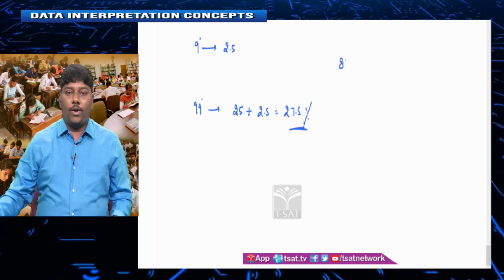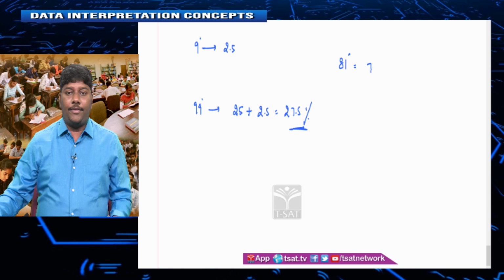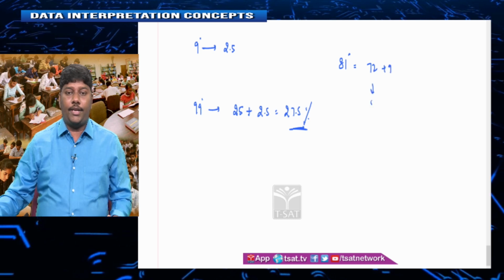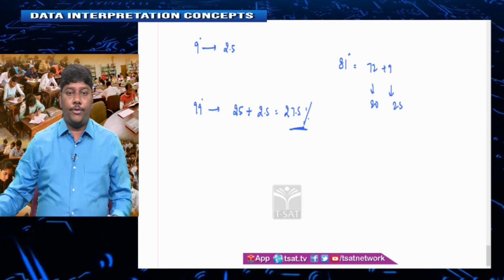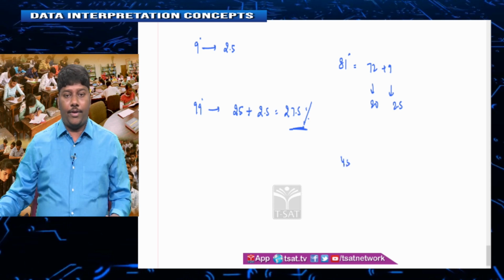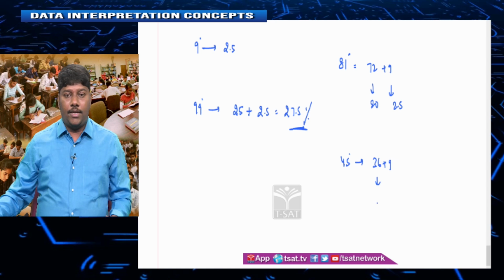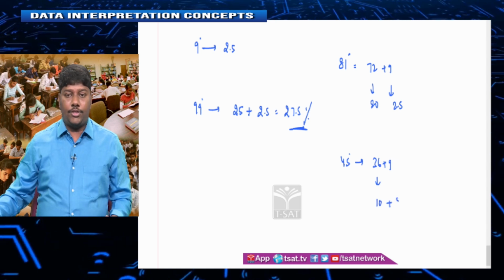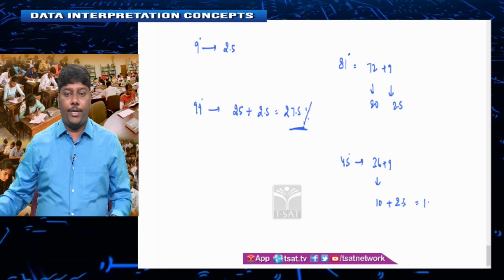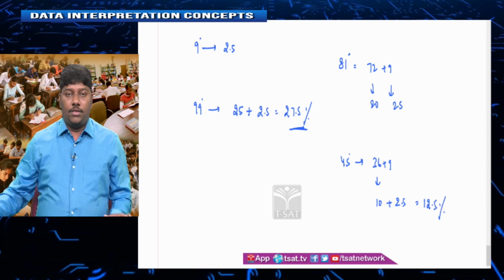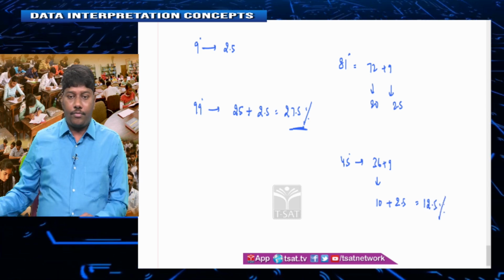If I have 81 degrees, you can say 72 plus 9, 72 is 20, 9 is 2.5. Therefore 22.5. If I have 45 degrees, you can say 36 plus 9, 36 is 10, 9 is 2.5, therefore it becomes 12.5%. So this is how you convert the data.